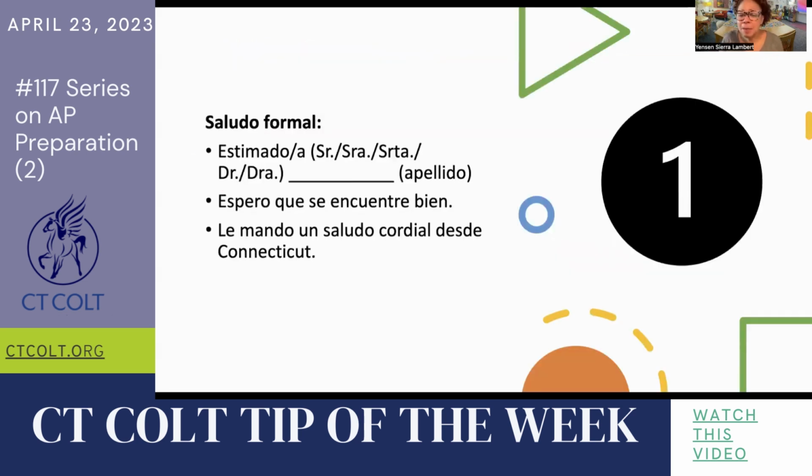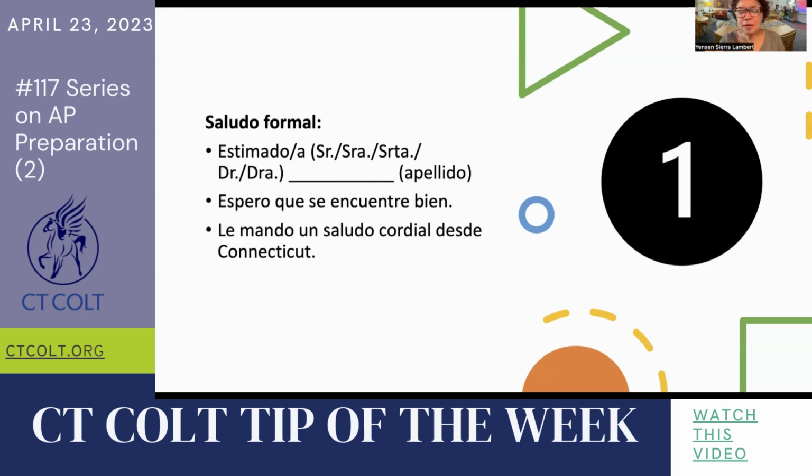Okay, so a couple of other tips that I'd like to share with you. Number 1, make sure that they have some sort of greeting memorized that they could use for any email that they have to reply to. And also ask them to carefully look at the person who wrote to them so that they write the gender correctly, whether it's señor or señora, though that's never been the reason not to give a student a 5, right?